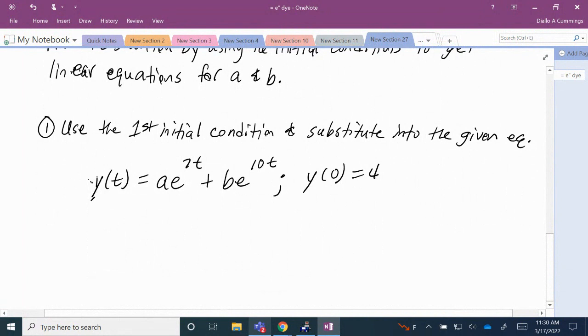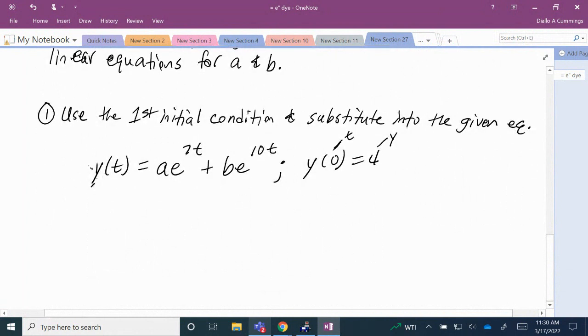So how do we substitute y of 0 equal to 4 into the given equation? Well, we're going to substitute y for 4, and we're going to substitute t for 0. So we have 4 is equal to a times e to the 7 times 0, because I'm substituting t for 0, plus b times e raised to the 10 times 0.